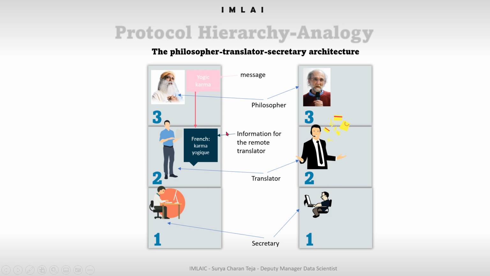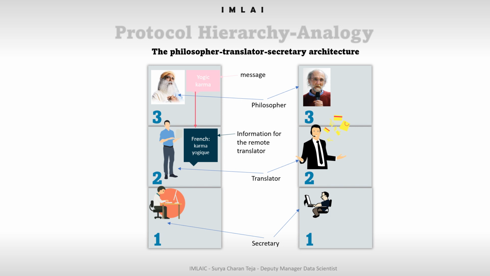Now the translators have agreed on a neutral language known to both of them. Both of them chose French as the neutral language. So the message is converted to French, that is karma yogiki. So the choice of the language is the layer 2 protocol. What is the protocol that we have used in layer 2?